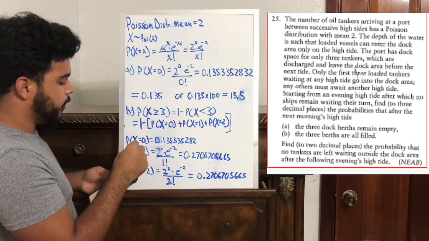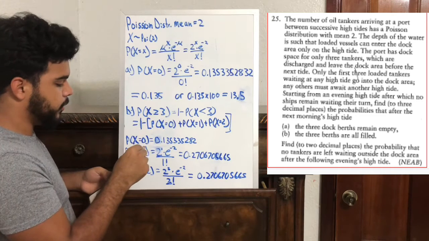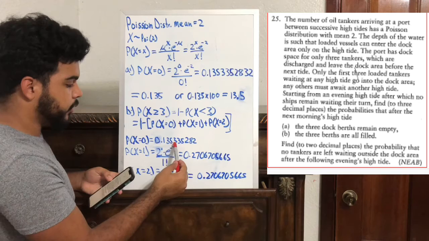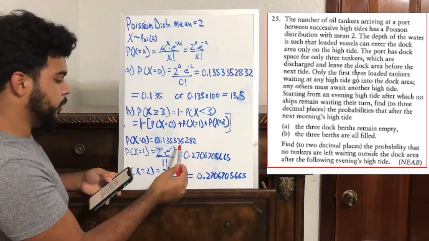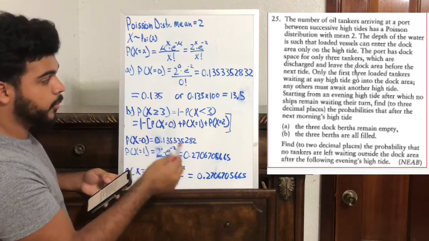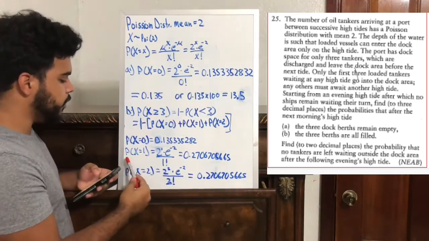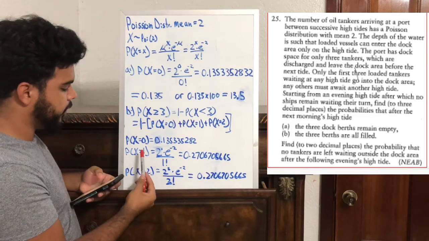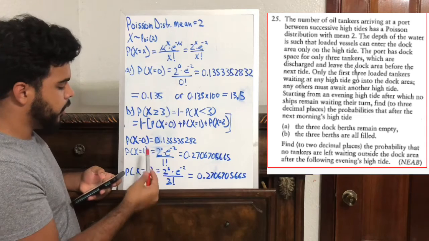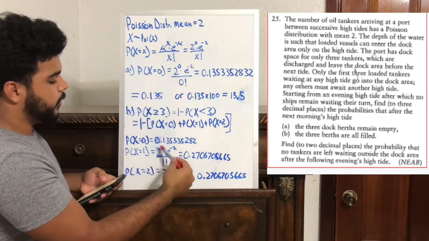So what will first happen is that we find P of the random variable X equal to 0, which is equal to 0.135335282, which is also just 0.135. I didn't write down the whole thing over because we already did that. So we will do this now for the other cases, 1 and 2, where we just have to put in the numbers for the x's.